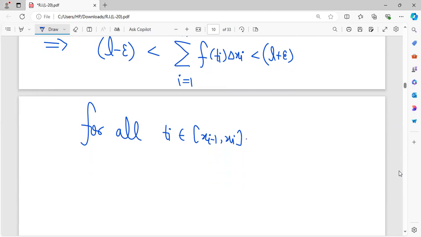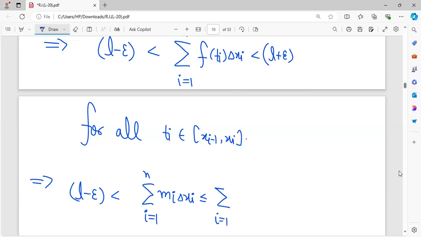So this implies L minus epsilon will be less than... Now if I put a small mi in place of f(ti), then this will decrease.